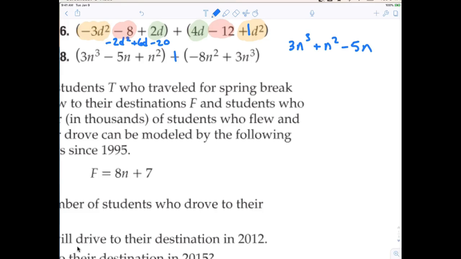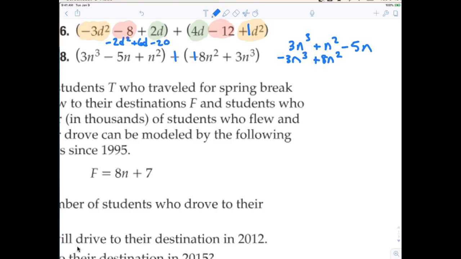Plus, right? Notice, plus 8n squared. And then what? Minus 3n to the third. Very good. Now's the time where you're speaking up if you're not sure about something. Everybody okay with that? Everybody agree it's kind of easy.